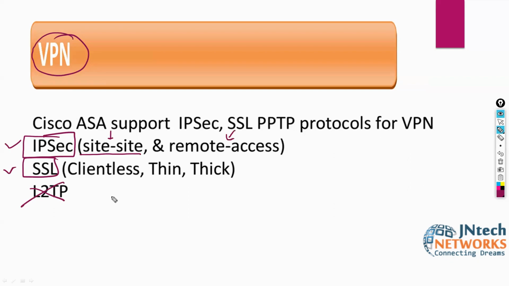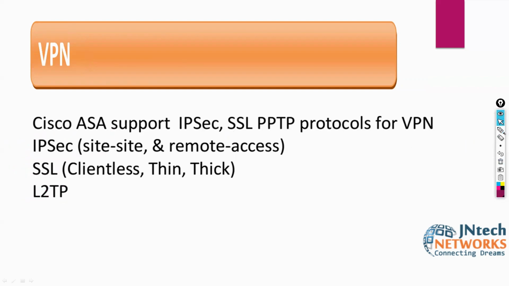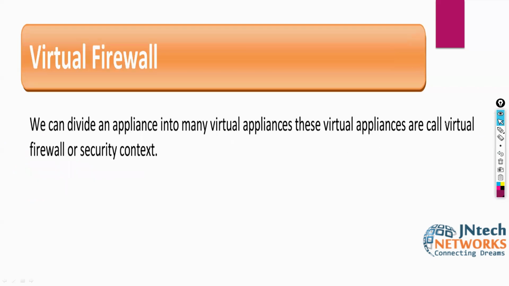In SSL, I told you, we have two types: clientless SSL VPN and full client. So like other vendors, Cisco ASA firewall gives you the option to implement VPN, IPsec, and SSL.